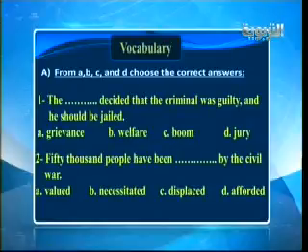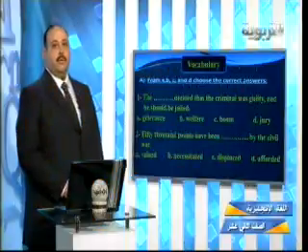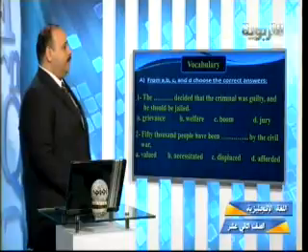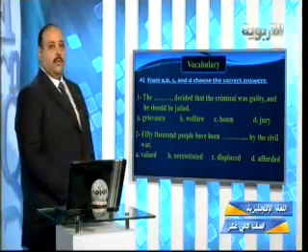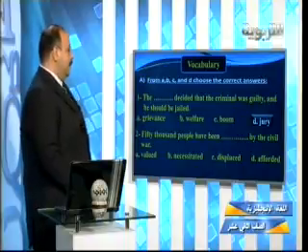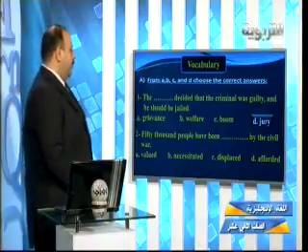Now the choices are grievance, welfare, boom, and jury. Now try to notice we have a relation between the words. For example, here we have the word criminal and the word guilty, so the most suitable word will be jury. That's right.